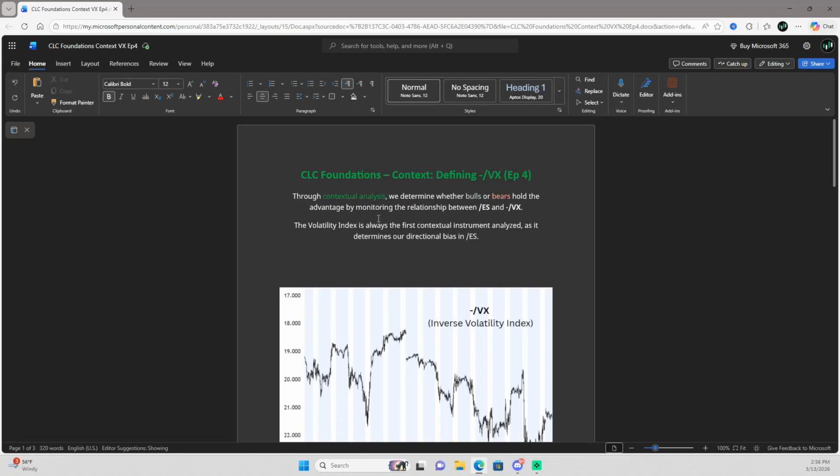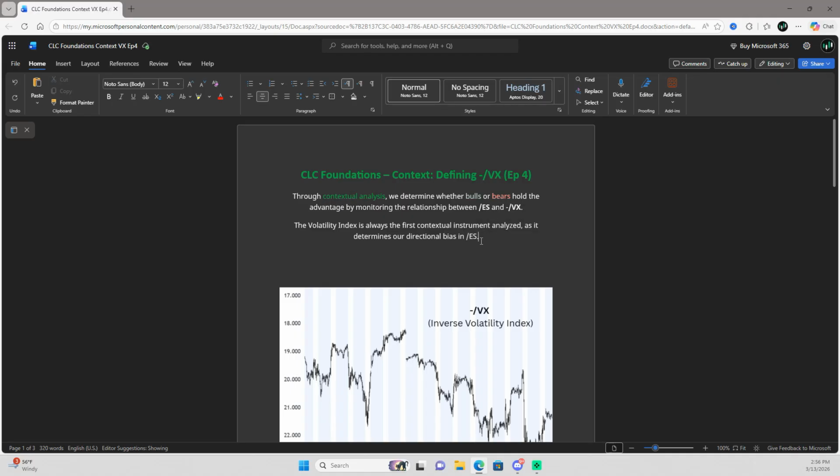So through a contextual analysis, first what we're doing is we're determining whether bulls or bears hold the advantage by monitoring the relationship between ES and VIX. The volatility index is always the first contextual instrument analyzed, as this tool gives us our directional bias within ES.